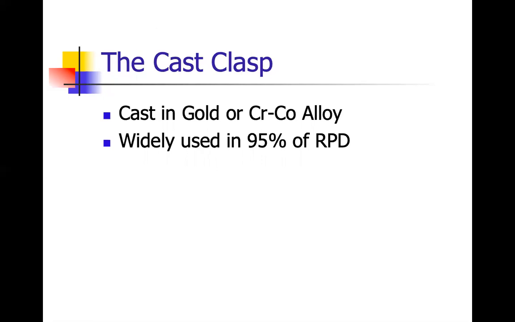The cast clasp is cast in gold or chromium cobalt alloy. It is widely used in almost 75% of removable partial denture cases.